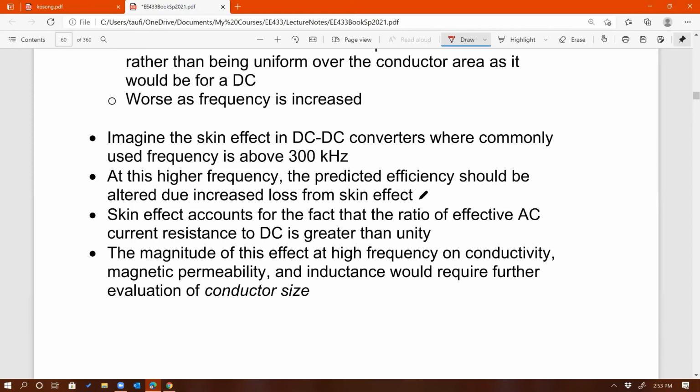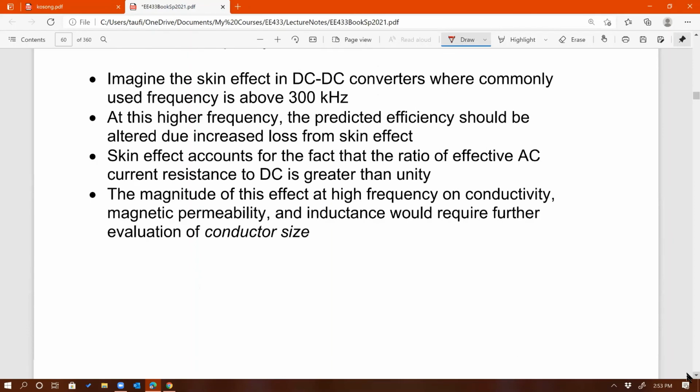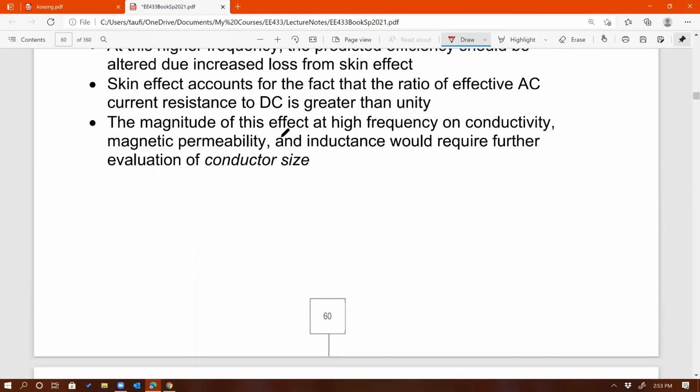Because now more electrons are being pushed toward the surface of the conductor, thereby increasing AC resistance. Right? The magnitude of this effect, so this is important, the magnitude of this effect at high frequency on conductivity, magnetic permeability, and inductance would require further evaluation of conductor size.